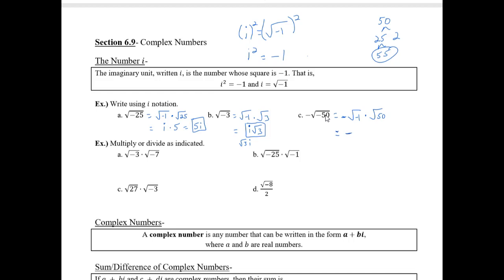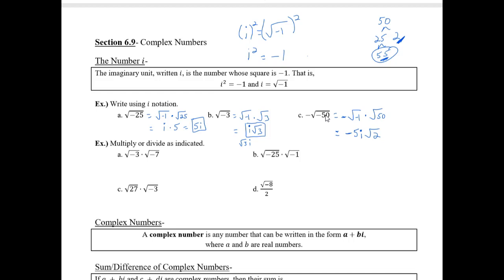So I still have the negative, and I'm going to write the numbers first. So the square root of 5 squared is 5. So I'm taking out these 5's from the radical. And then I have the square root of -1, which was i. And what was left under the radical was the 2. So the 5 and the 2 came from the 50.